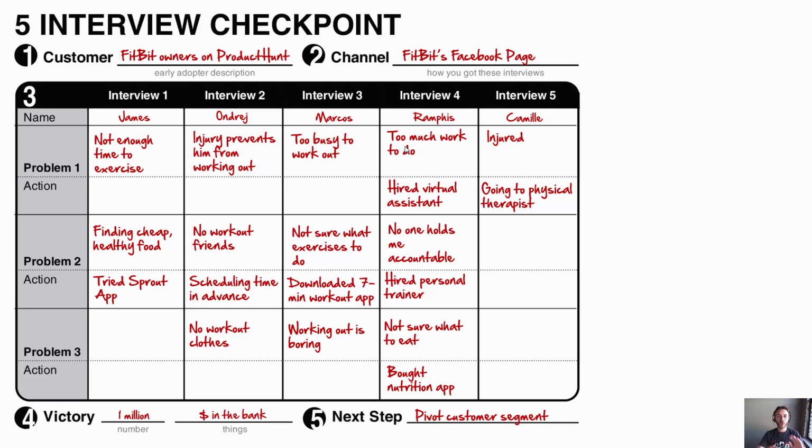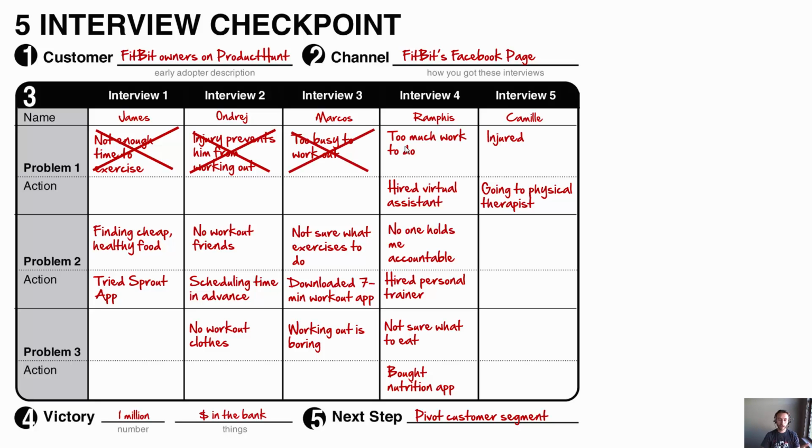So what we're going to do here is X out any problems that our customers mentioned that don't have actions associated with them. All right, so that means that a problem that isn't being solved is not a problem we're interested in. What that looks like here: I'm going to take James's first problem, and I'm going to cross that out because he's not trying to do anything.